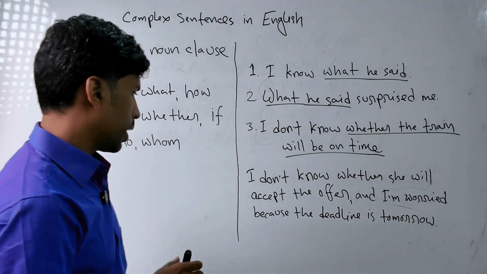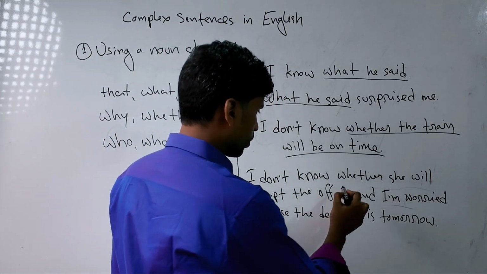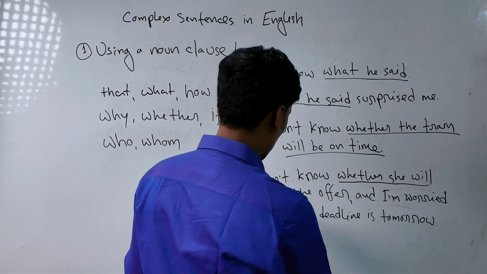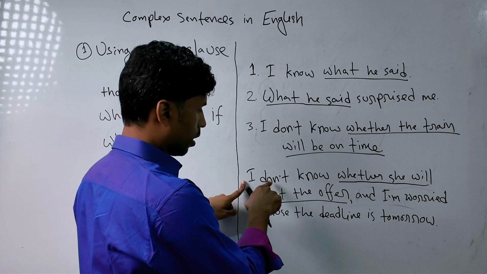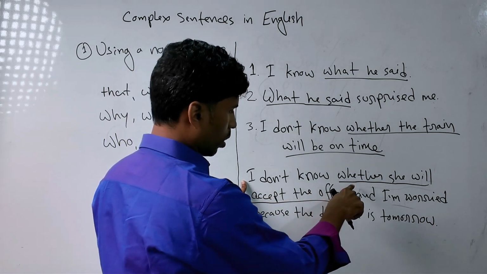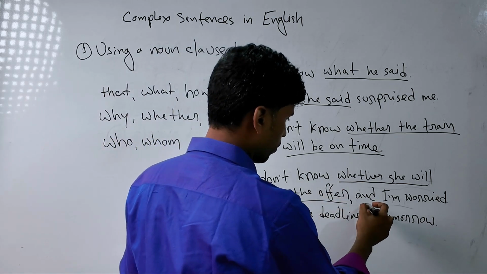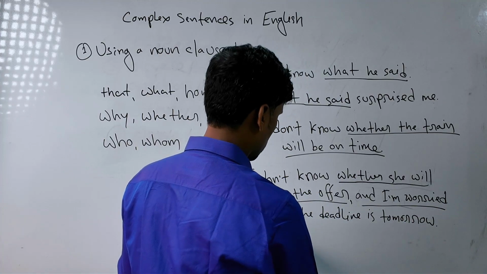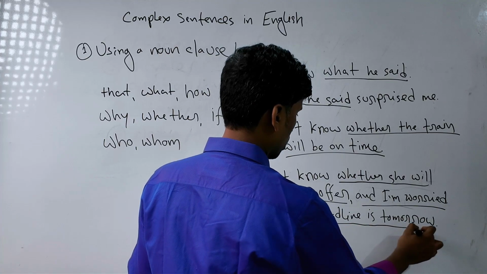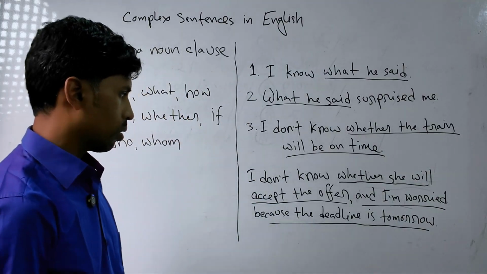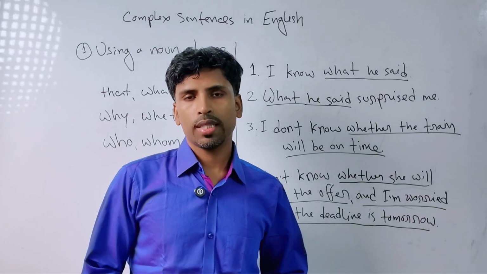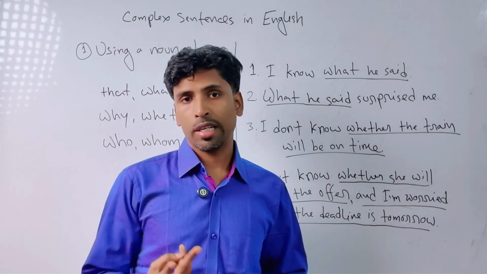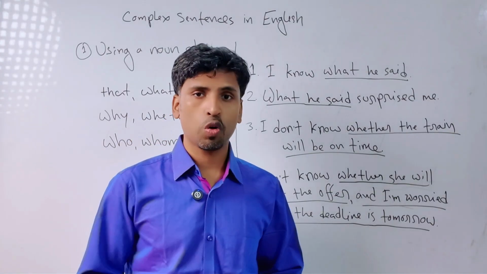Okay, so we can see that we have a clause here. There's another clause here and one clause here, and then we have, and I'm worried because the deadline is tomorrow. So in a compound complex sentence, there have to be at least 2 independent clauses and at least 1 subordinate clause.